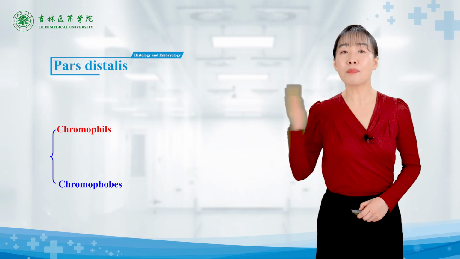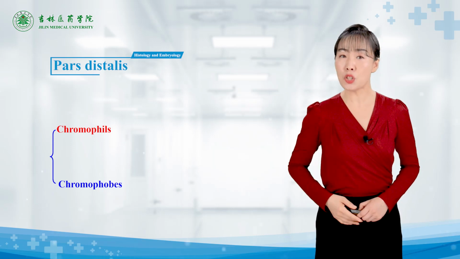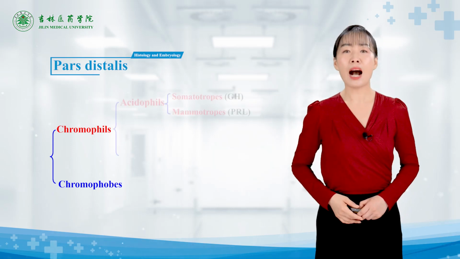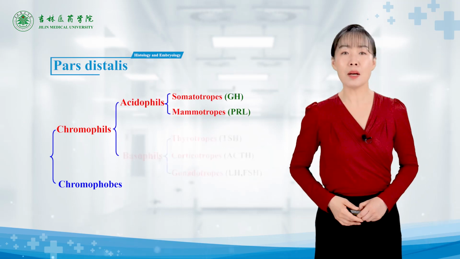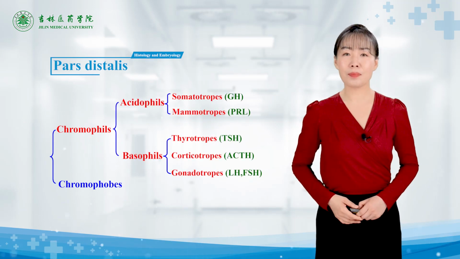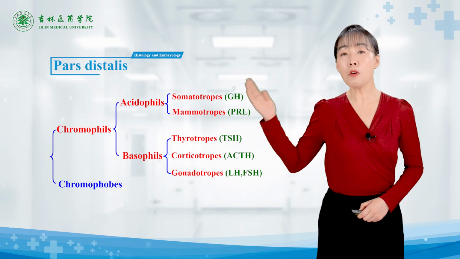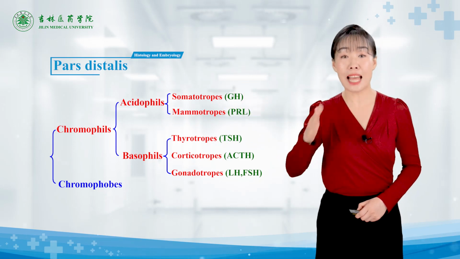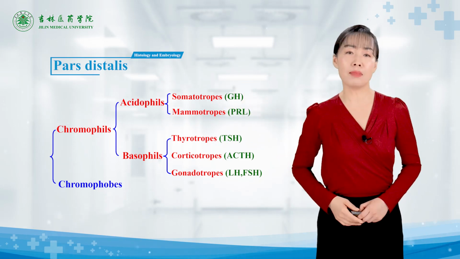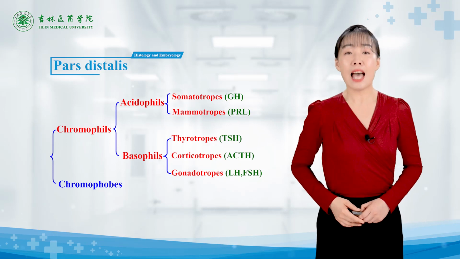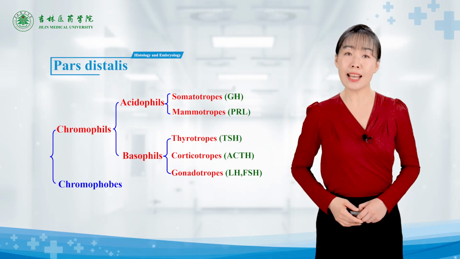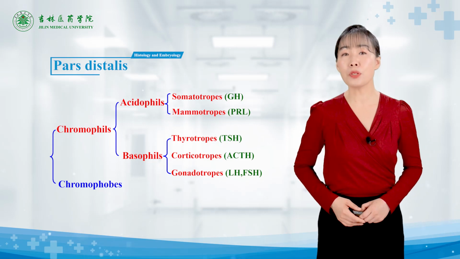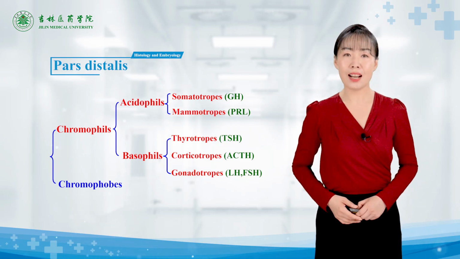Chromophils are stained deeply and also divided into two types: acidophils and basophils. Chromophores are not stained intensely. Some of them are considered as undifferentiated cells, and others are chromophils without granules.